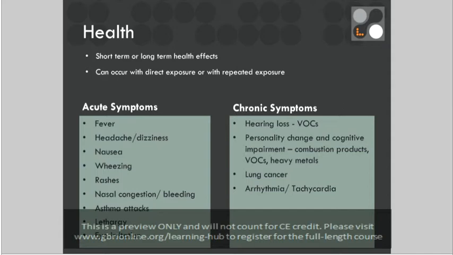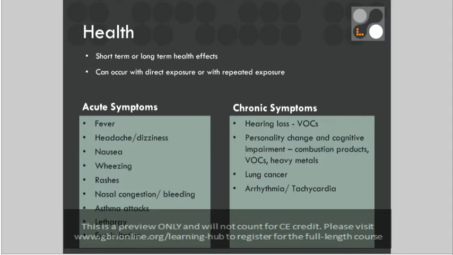Acute symptoms of poor indoor air quality include nausea, dizziness, asthmatic symptoms, fever, headaches, allergic reactions such as rashes, and irritability. These symptoms are also typical of sick building syndrome, which is closely associated with poor air quality.